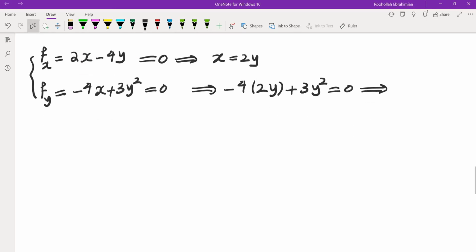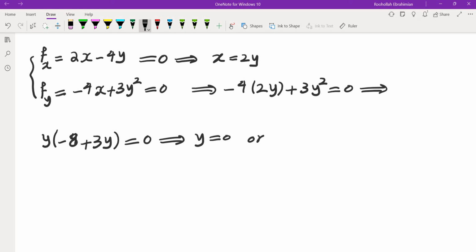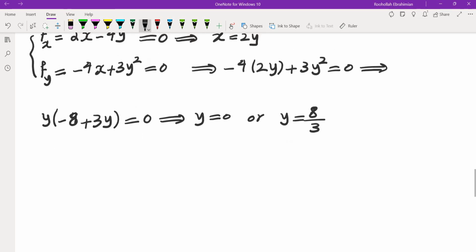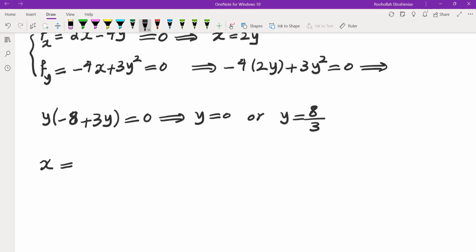So we'll factor y, and we get y times minus 8 plus 3y equals 0. That tells us y is 0 or y is 8 over 3. Now if y is 0, we get x equals 0, and if y is 8 over 3, x equals double that, which is 16 over 3.